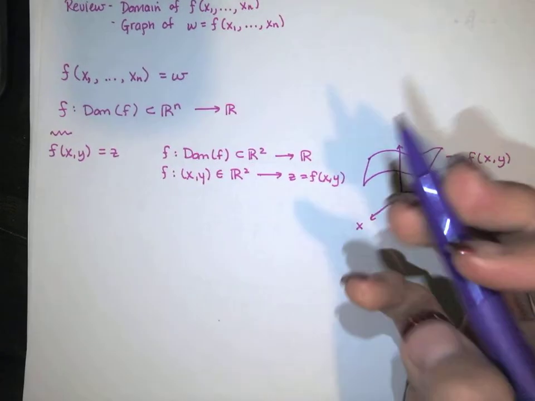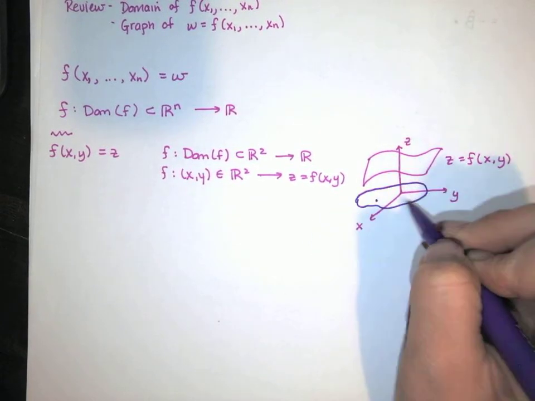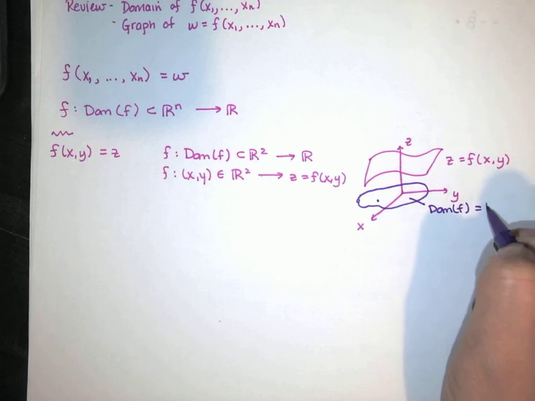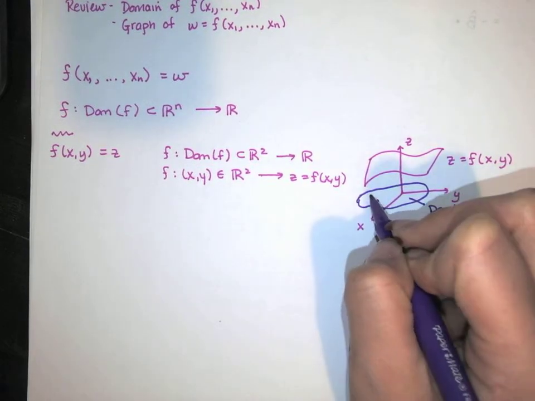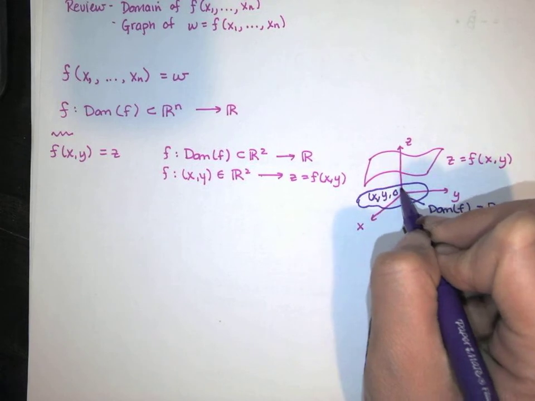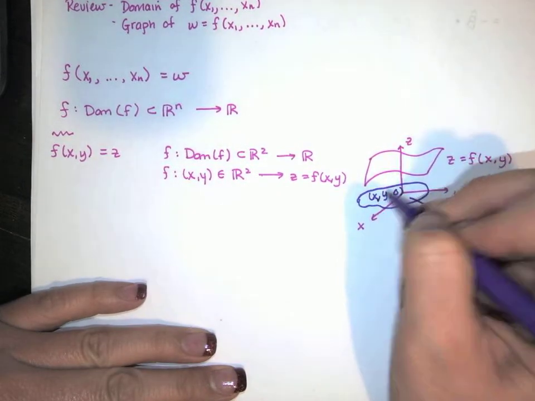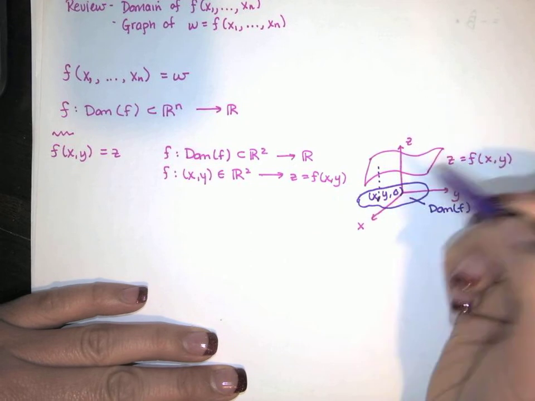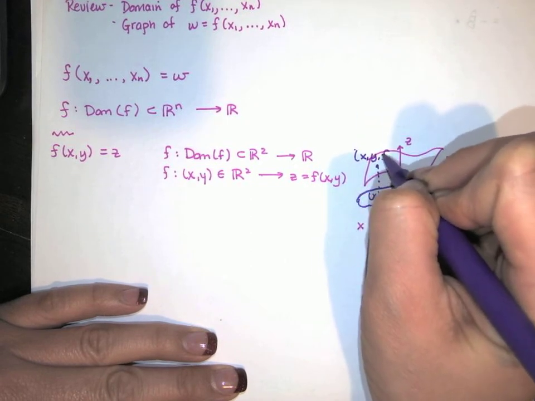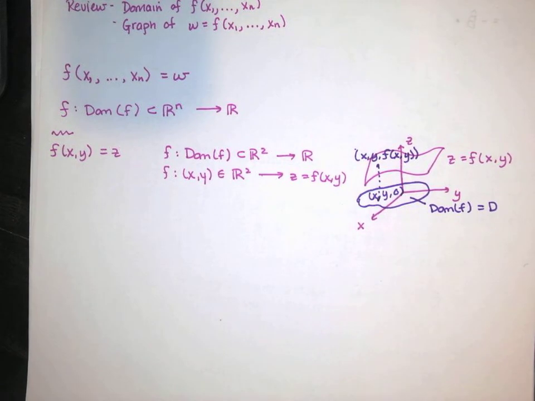Every point in the domain, so maybe this is our domain D. Every point (x, y) in that domain, and this is in 3 dimensions, it's going to be (x, y, 0), is going to map to a specific point on the surface. And so we've got (x, y, f of x, y), and f of x, y is our z value.